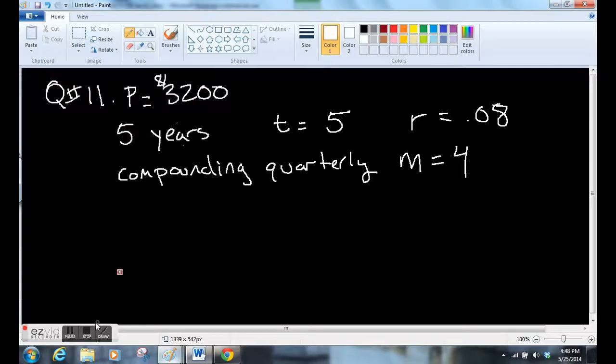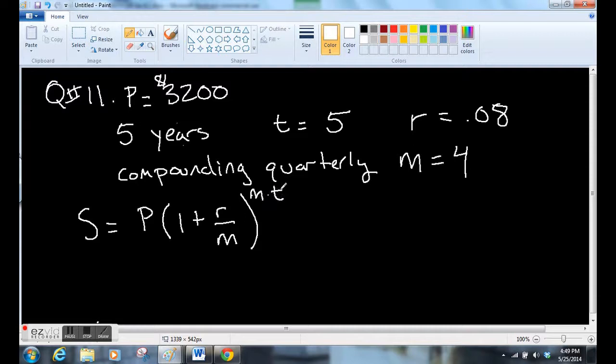Here we go. Now we're just going to use this formula. S is equal to P times 1 plus R divided by M raised to the M times T. So in this case, it's 3,200 times 1 plus R is 0.08, M is 4. This is a lot of plug and chug, just plugging into a formula.